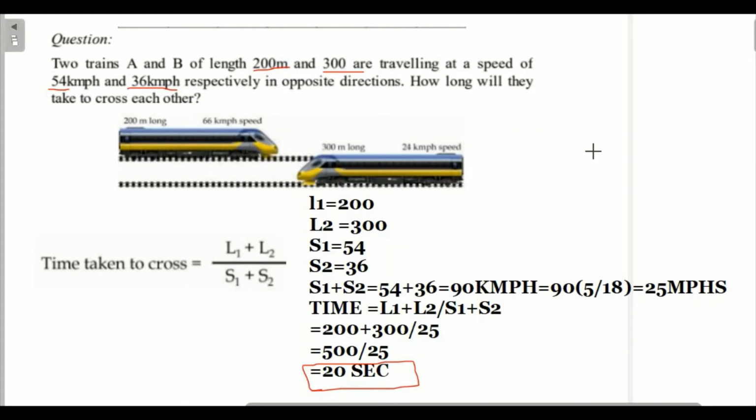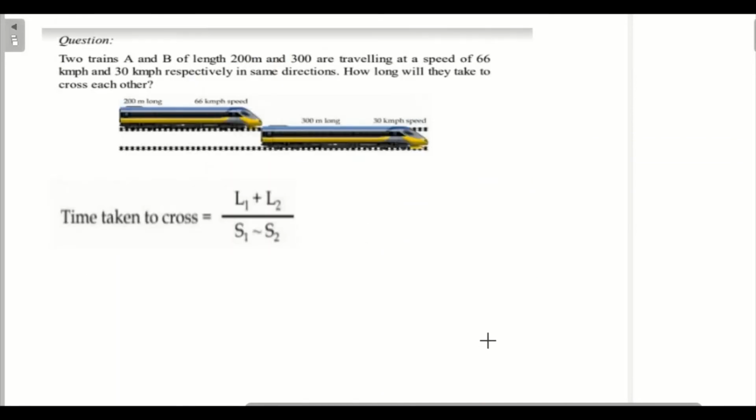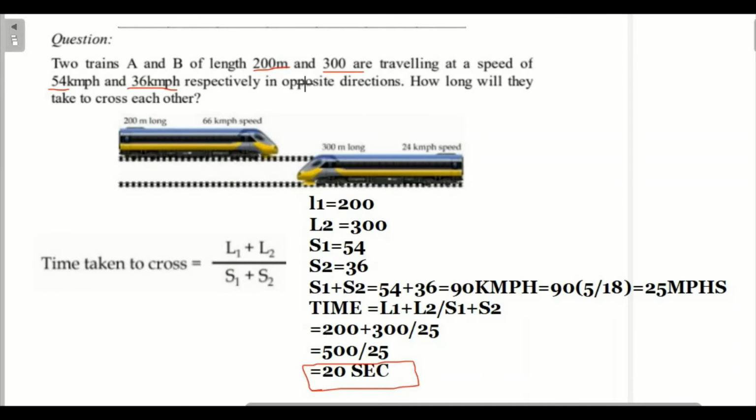So we are using the formula (L1 plus L2) by (S1 plus S2). Okay, we'll move to the next sum. Just note it down, I forgot to mention: for opposite direction it is plus. If they are coming in the opposite direction, we have to use plus in the formula.